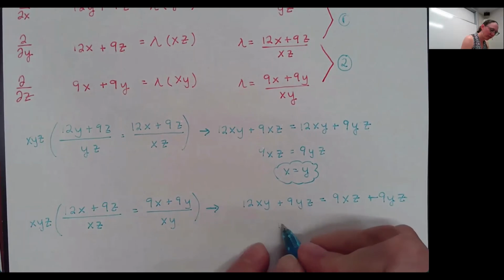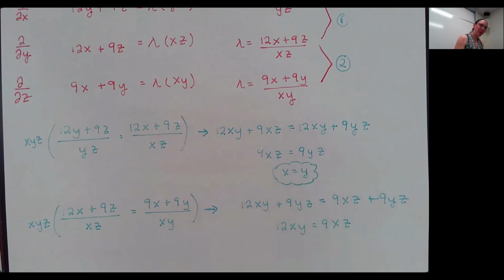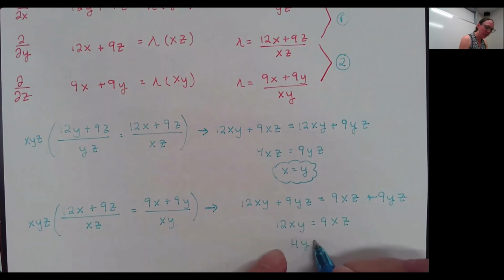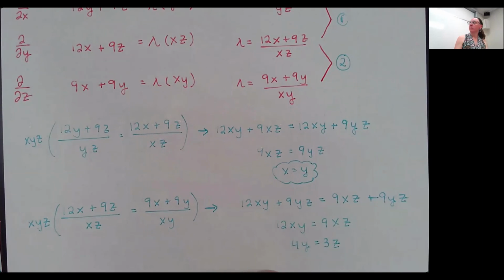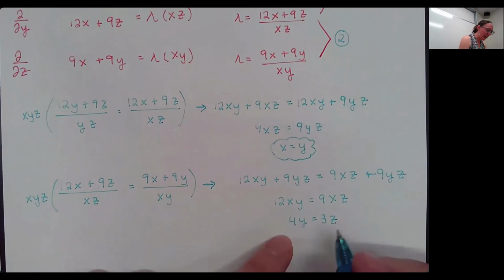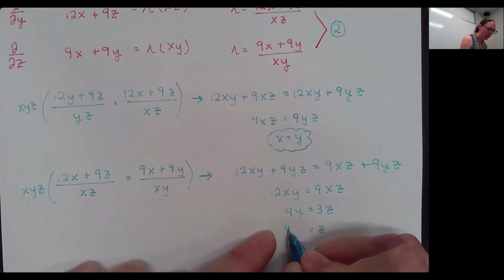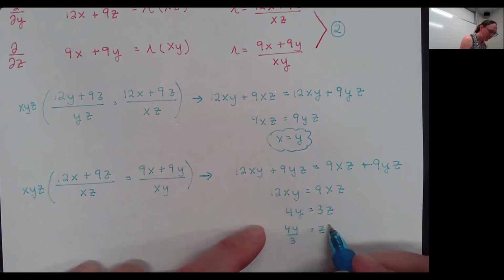And I've got 12xy is equal to 9xz. My x's can cancel out. I can divide both sides by 3 and have 4y is equal to 3z, which means I'm going to choose to write this as z is equal to 4y over 3.